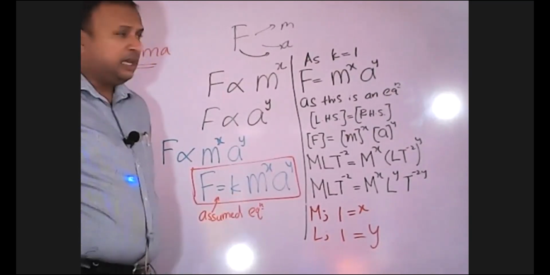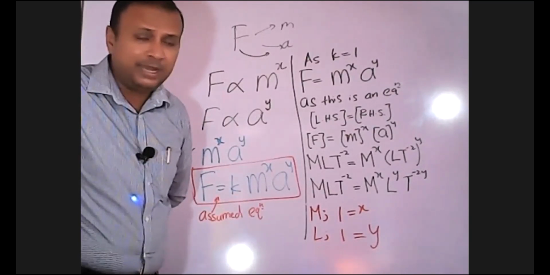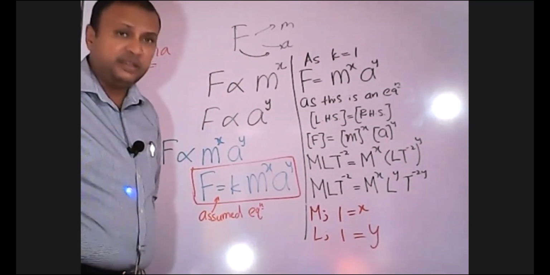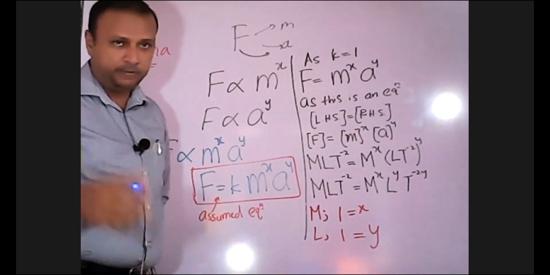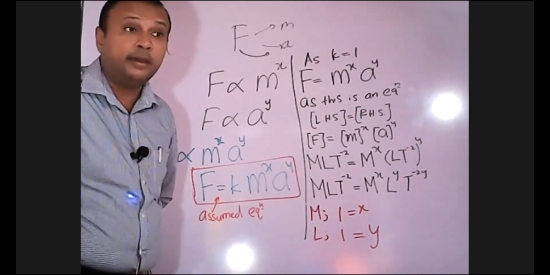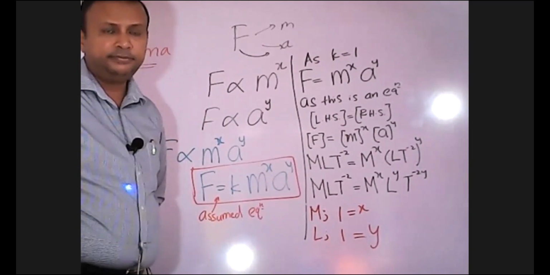But the thing is, if there is a constant, we cannot do any calculation because each and every time we have to apply the constant too, or we should have the value of the constant.